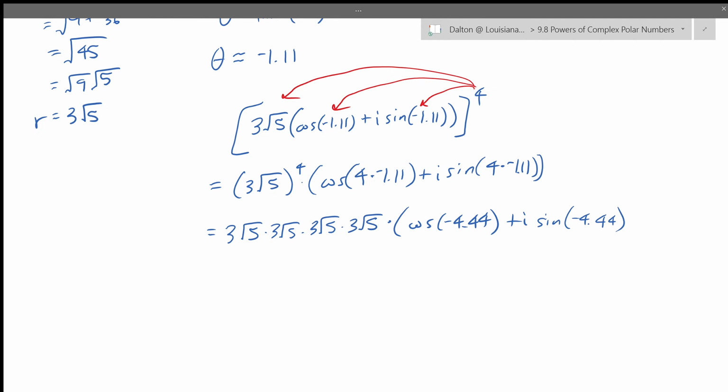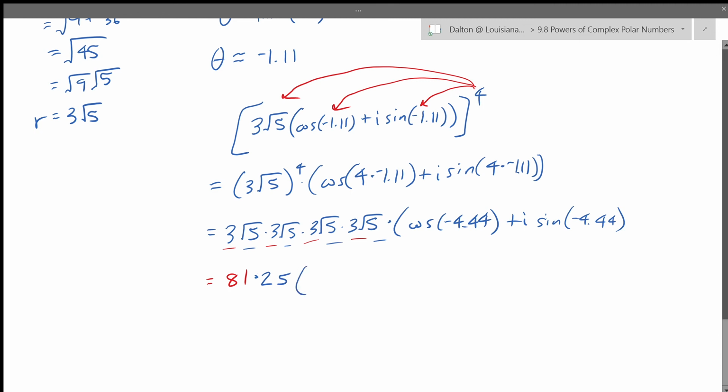And then if we go ahead and multiply these numbers, 3 times 3 is 9, times 3 times 3 is another 9, 9 times 9 is 81. And then square root of 5 times square root of 5 is 5. Square root of 5 times square root of 5 is 5. So that would be times 25. And then this is where we're going to go ahead and round.